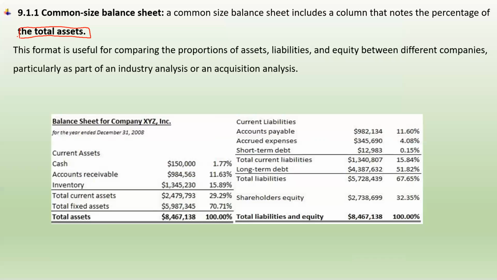For example, for this company, the total assets is 8,467,138. If we represent the cash as a percentage of total assets, it equals 150,000 divided by the total assets, so it equals 1.77%.